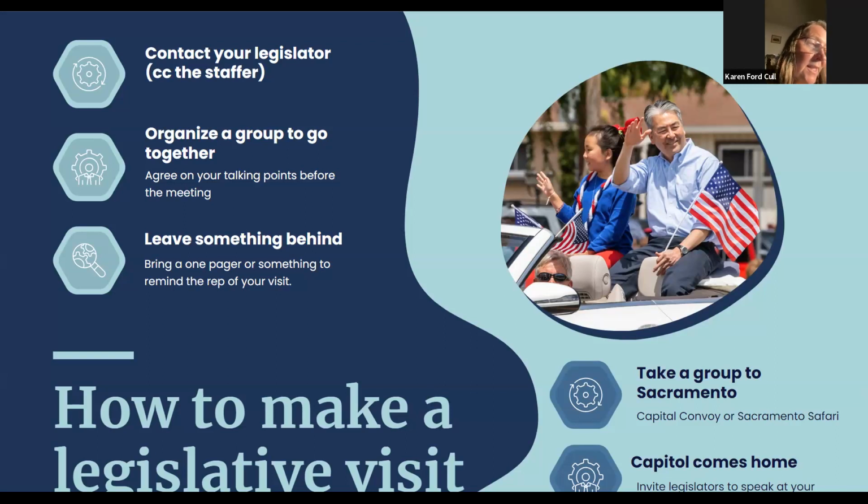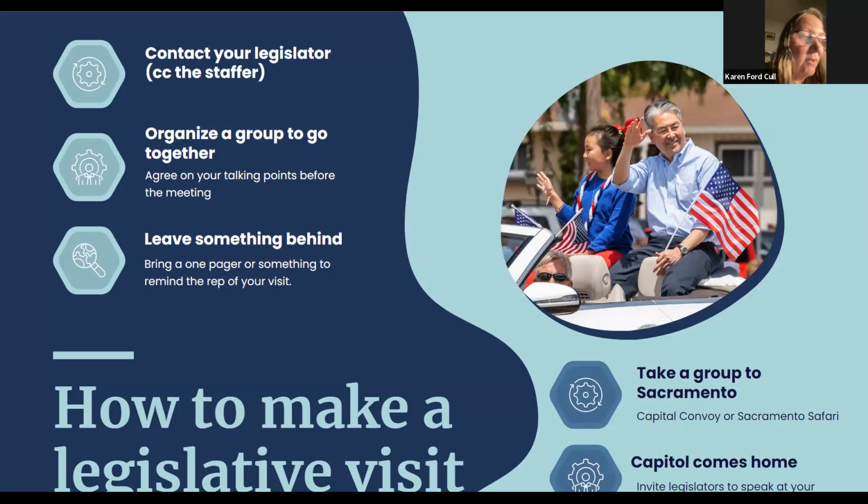Some other things that people have done locally: take a group to Sacramento. PV always does their Capital Convoy, which is really lovely, where they go as a group, parents and students, up to Sacramento and meet with legislators, and they show the kids around the Capitol and so on.